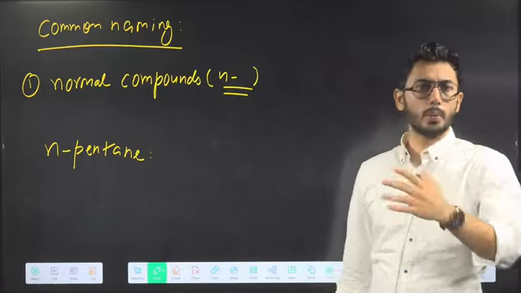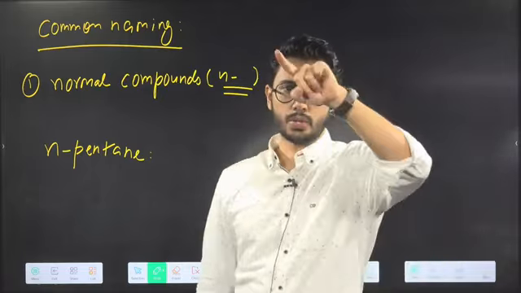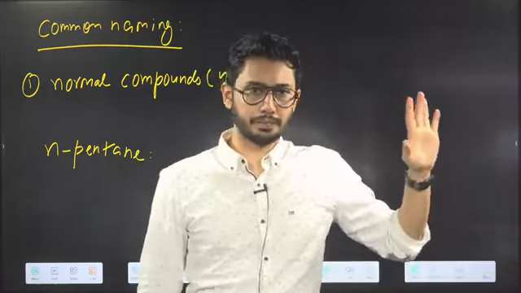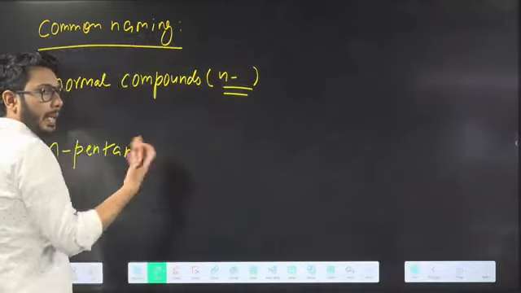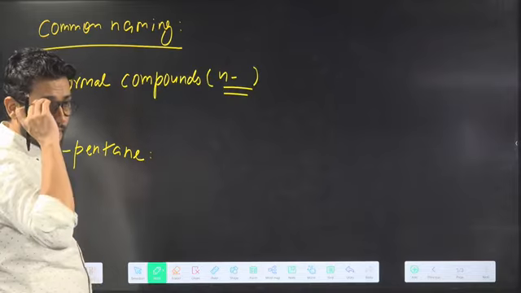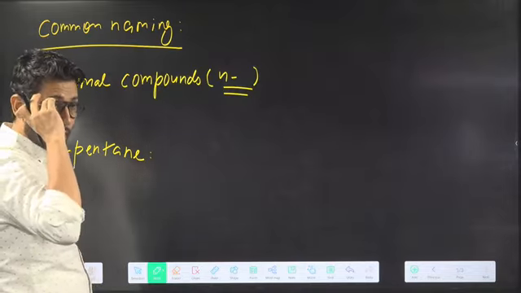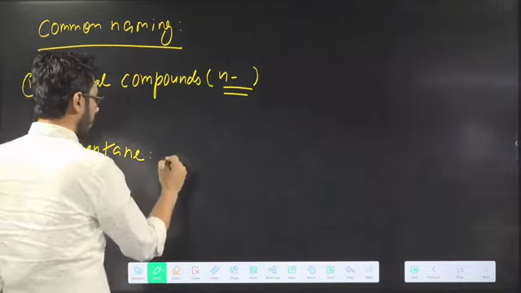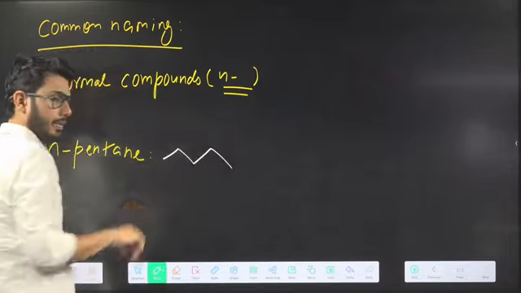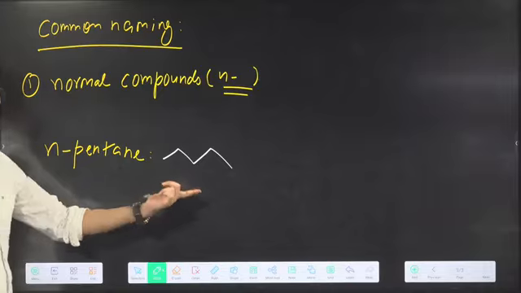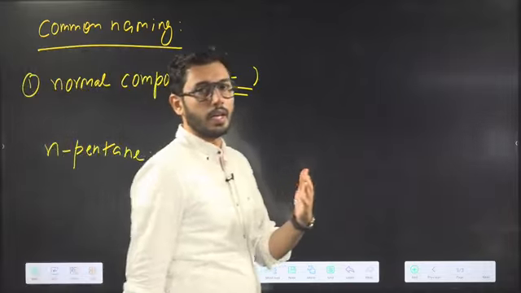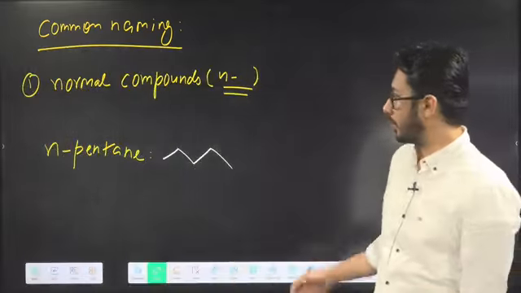So how will you understand an N compound? Straight chain of carbon, that's it. So N-pentane means you will write only a straight chain or linear chain of the carbon. That's it, completed.